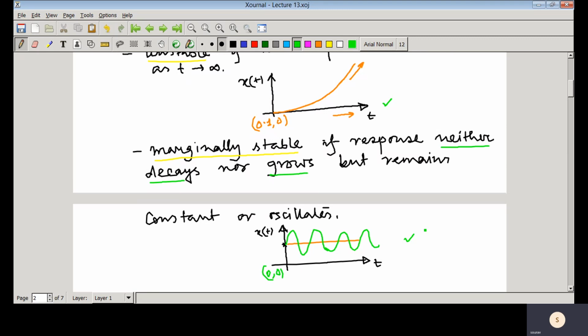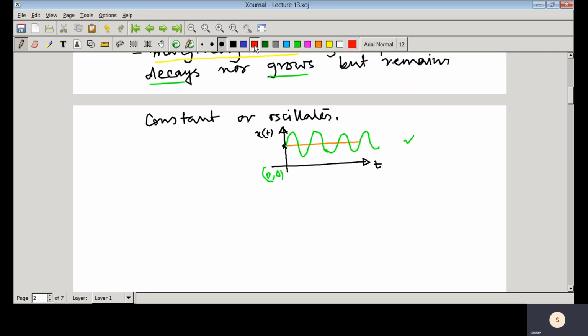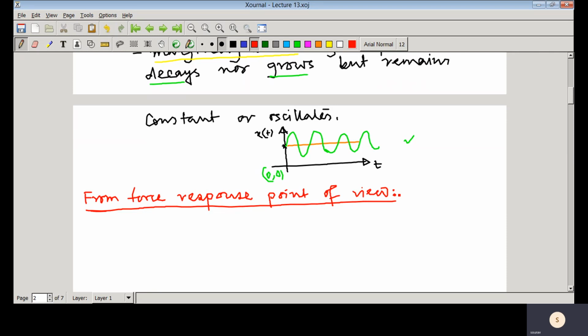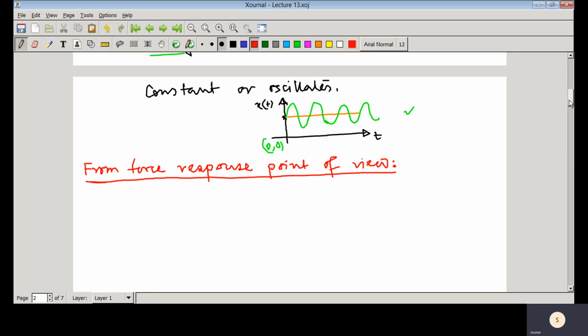So now we'll be discussing the other point of view, which is called the forced response point of view. That means in that case, we consider that some input is applied to that system. So in this case, there are two notions.